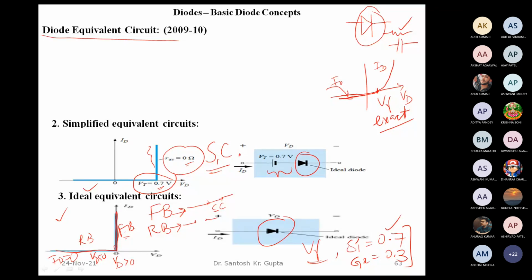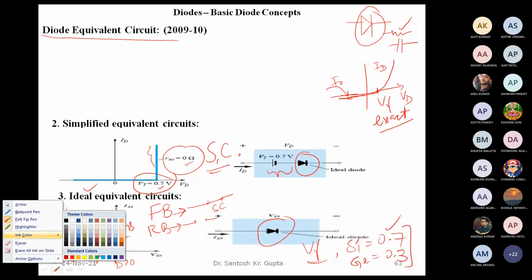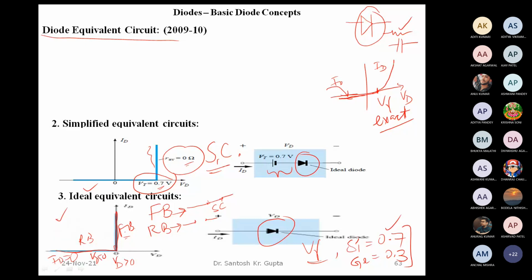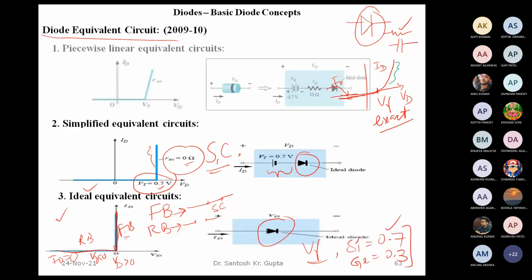So the more accurate one we can see here. If the applied voltage is not rising too much, then in a limited region we can say it is almost a linear variation.